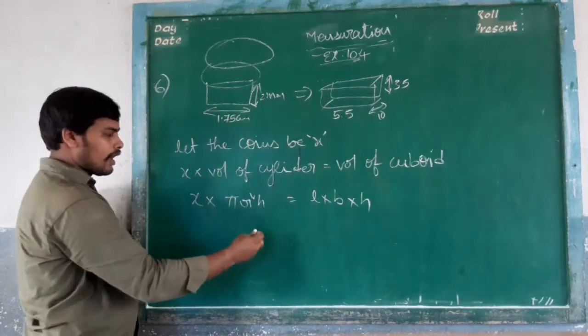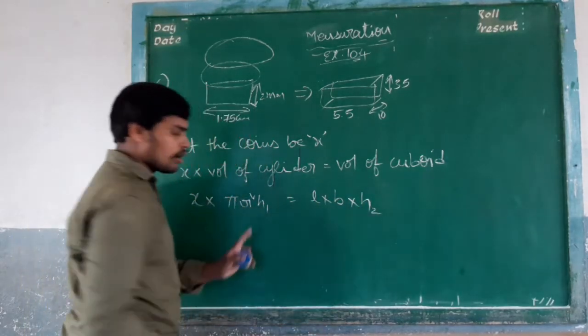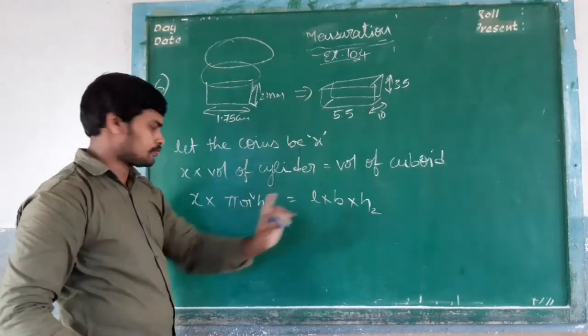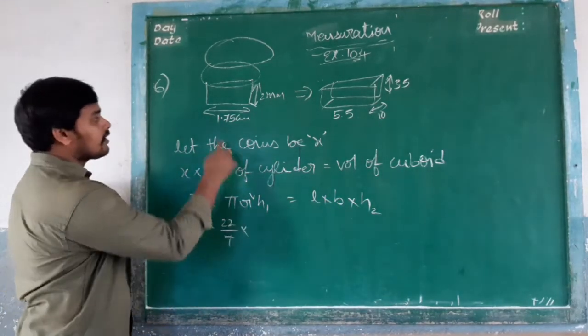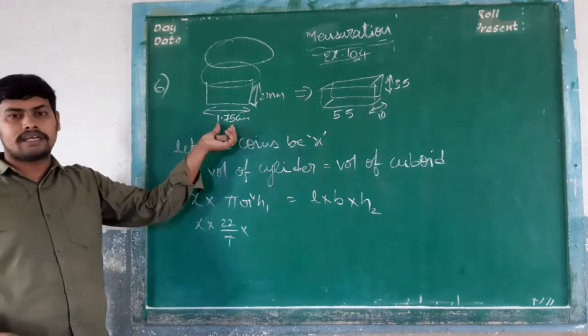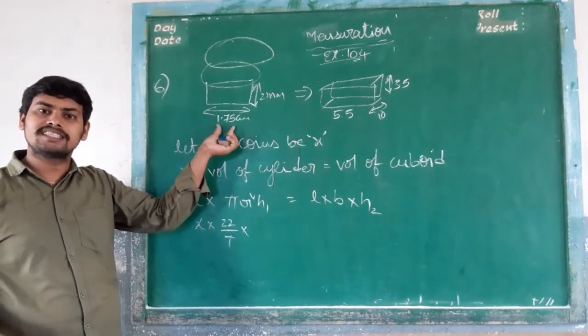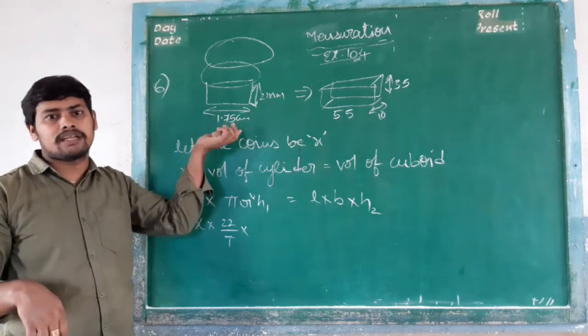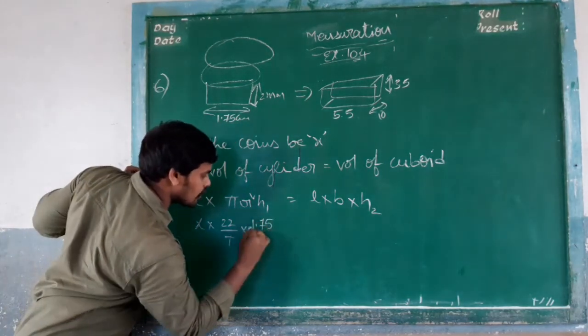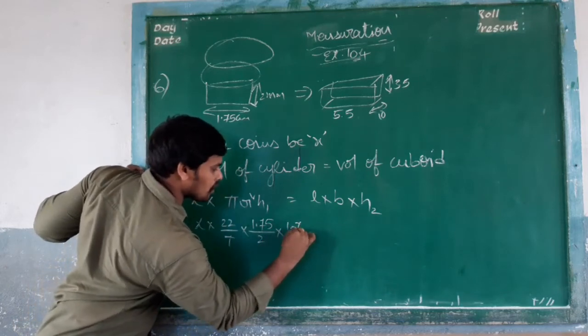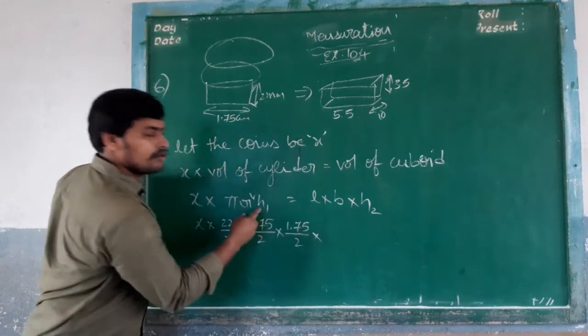Here there are two heights, so let one be h1 and another be h2. So x into, what is the pi value here? 22/7. And the radius: diameter is 1.75, radius is half of diameter, nothing but 1.75 by 2. 1.75 by 2 into 1.75 by 2.